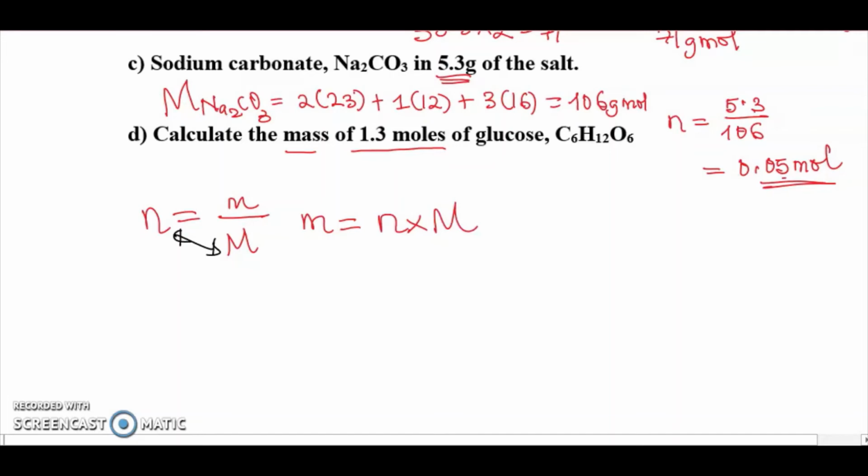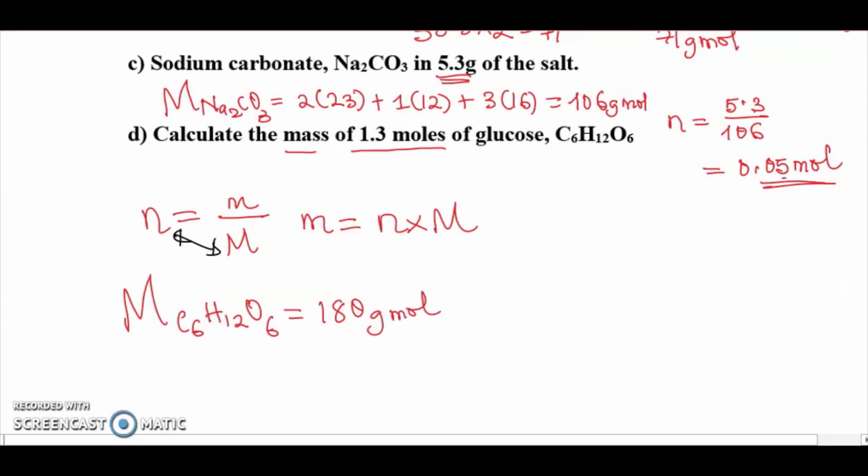So let's get the molar mass for glucose. The molar mass for glucose, that is C6H12O6, is 180. Like I said, if you have difficulties calculating relative formula masses or molar masses, do well to check out the video. I'll attach the link in the description below. So glucose has a molar mass of 180 grams per mole.